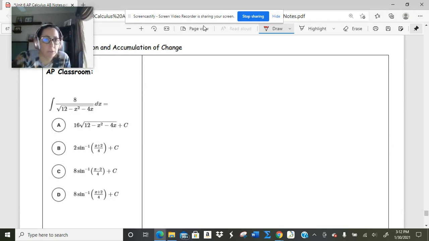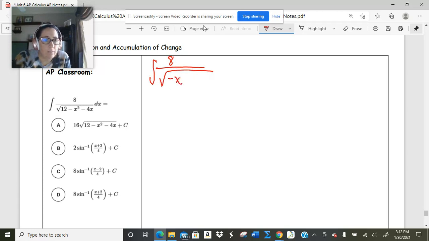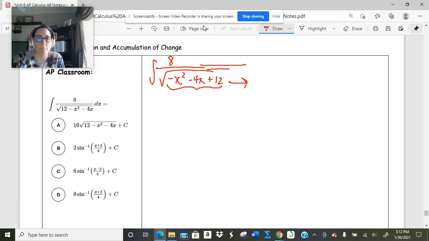So here, I'm first going to just look at this and rewrite. This is negative x squared minus 4x plus 12. I cannot do a u sub here because the derivative of a square needs an x. So I'm going to look at this on the inside and try to get it to a perfect square. I'm going to take out the negative from the first two.